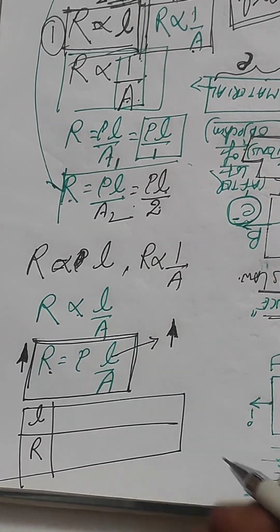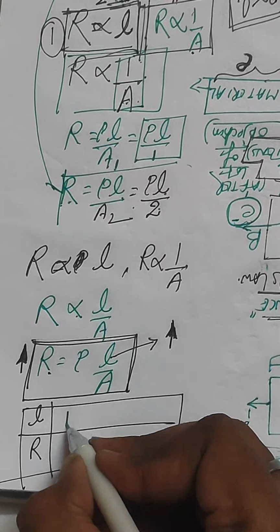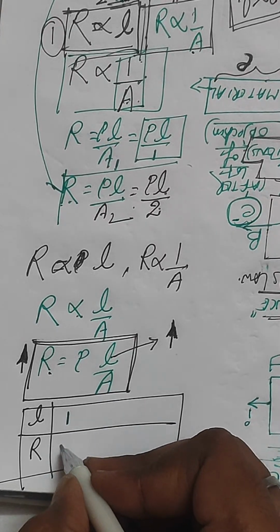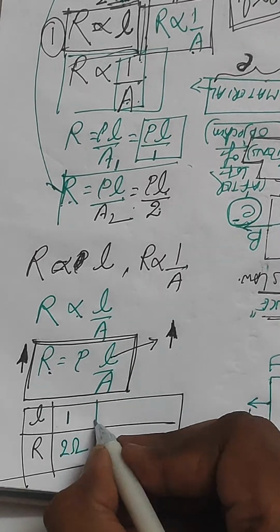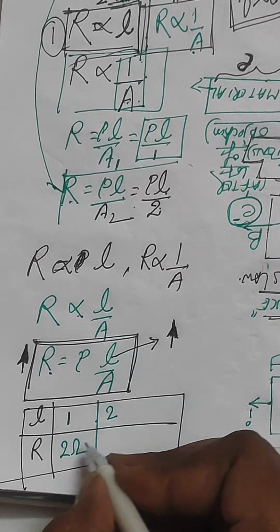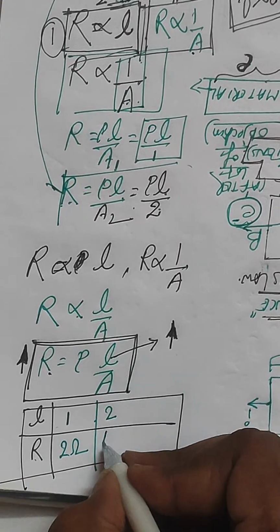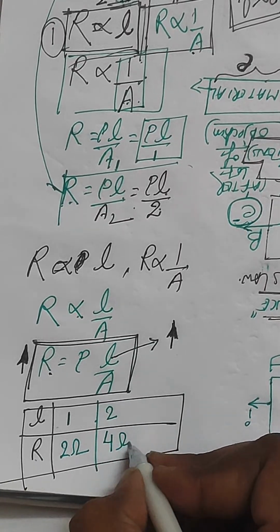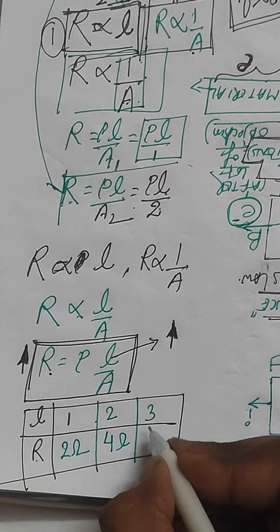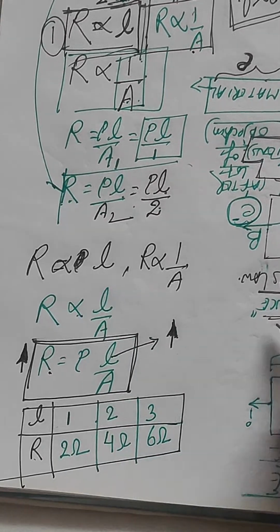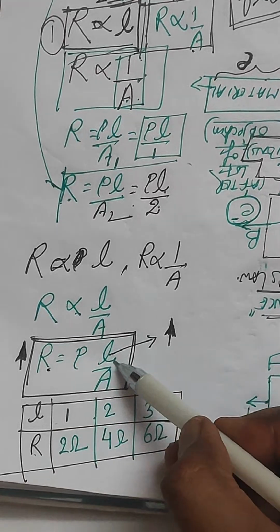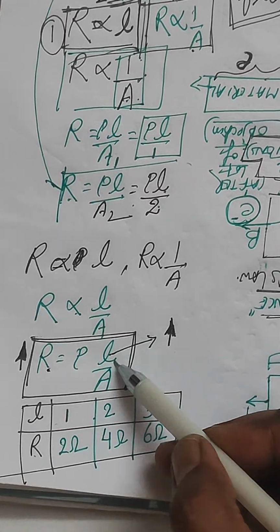When the length is 1 meter, resistance is, let's say, 2 ohm. When we increase the length to 2, the resistance can be 4 ohm. When the length is 3, the resistance can be 6 ohm. So in this way, we observe that R is directly proportional to L, right?